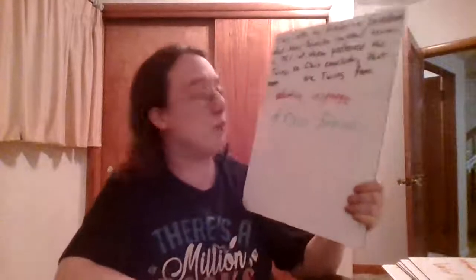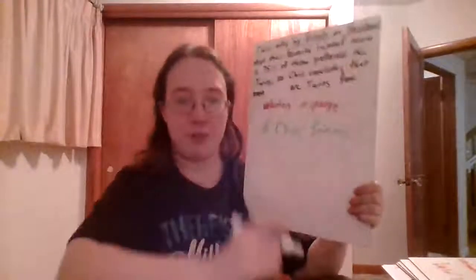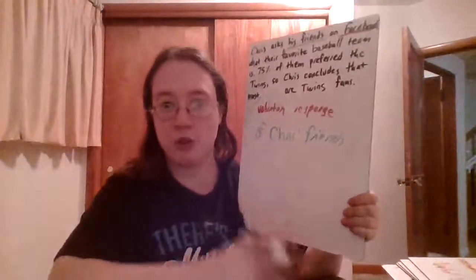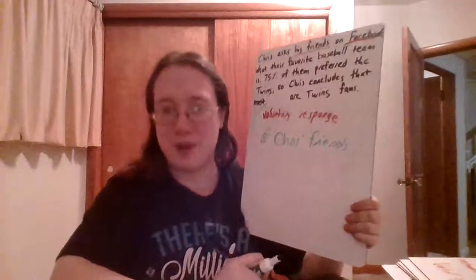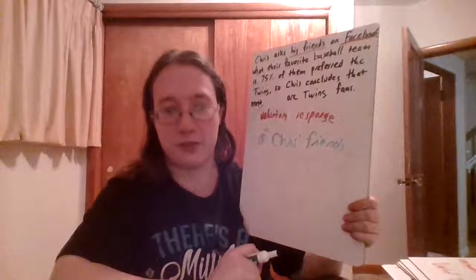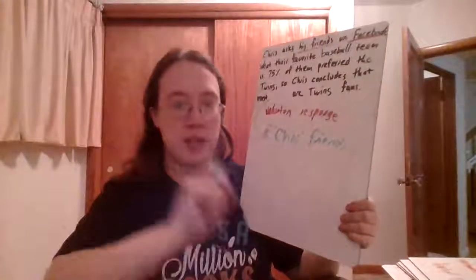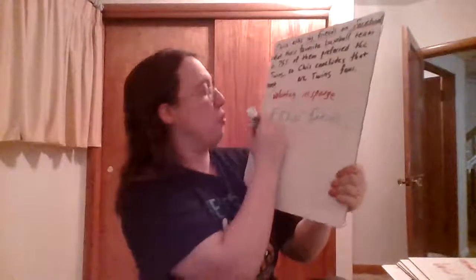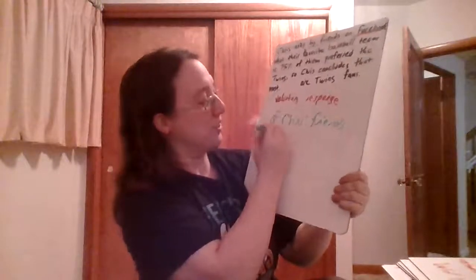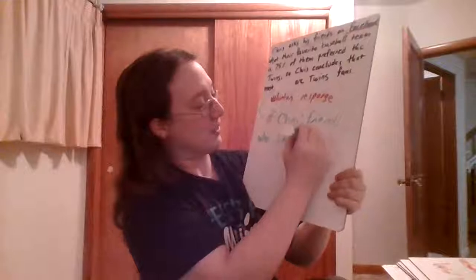Although it would probably be more accurate, again, with the voluntary response thing, if you're asking people what their favorite baseball team is, you're probably only going to get responses from people who like baseball in the first place. So if we want to be even more accurate, we could say most of Chris's friends who like baseball are Twins fans.